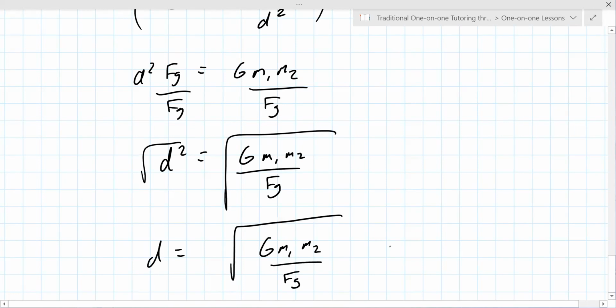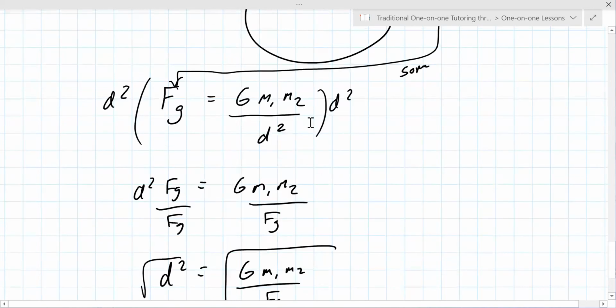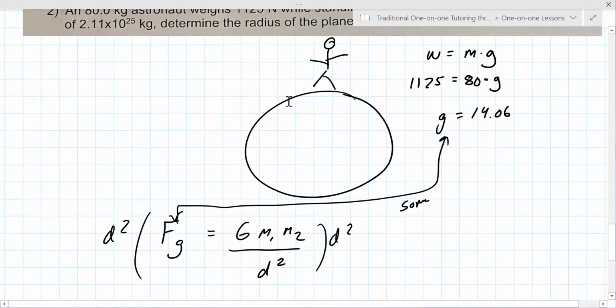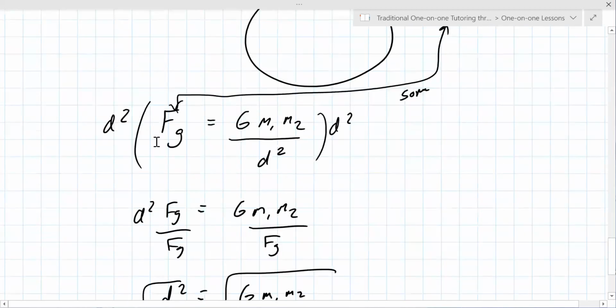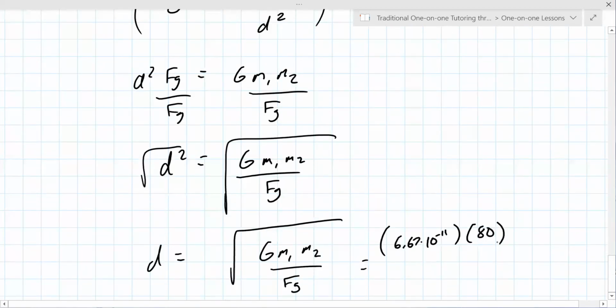You know G is 6.67 times 10 to the minus 11. M1 is either your planet or your human here, or person. I don't know what it is. Just says an astronaut. Okay. So that's your mass. Your mass is 80. M2 is going to be the mass of the planet.